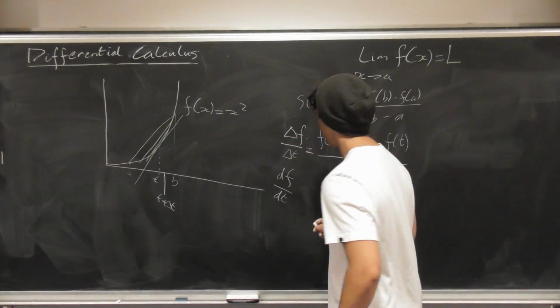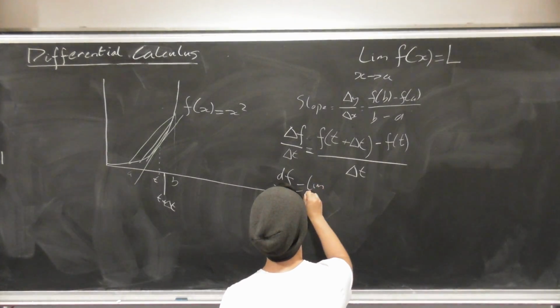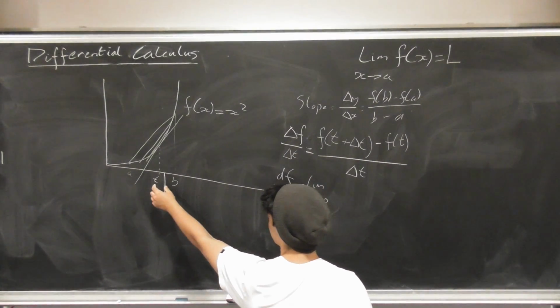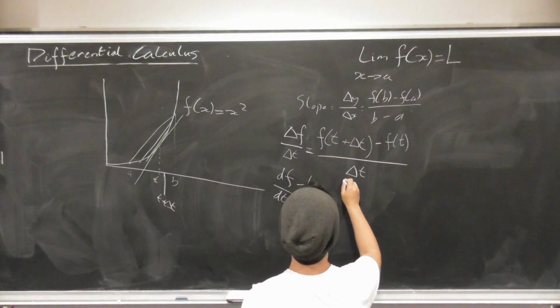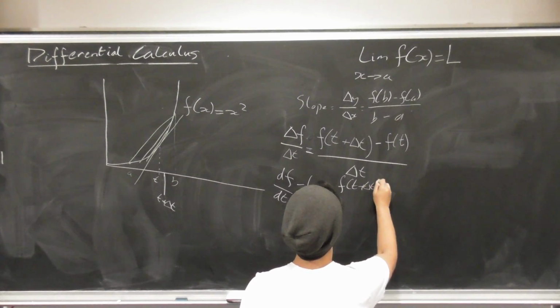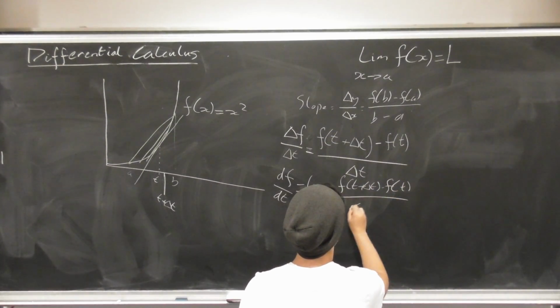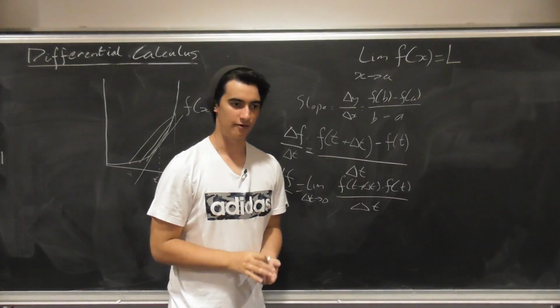So we write this as the limit as delta t approaches 0. So this number approaches 0, and the difference squeezes into nothing, of f of t plus delta t minus f of t over delta t.